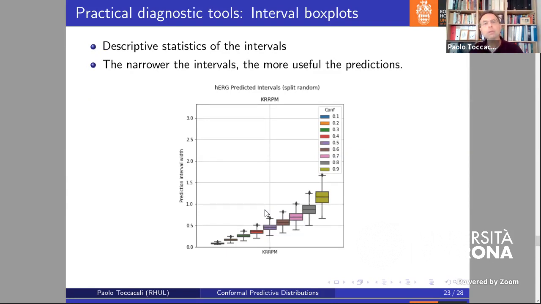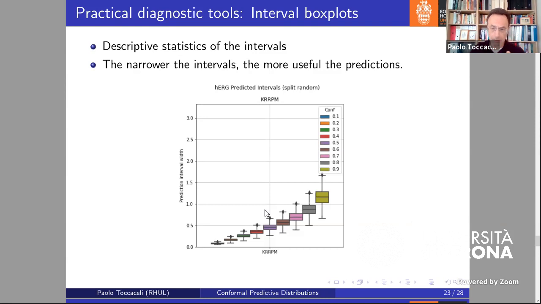Okay, so now the other diagnostic tool that I'd like to talk about is the interval box plots. And here you look at the sharpness of your predictions. You compute the intervals, and you basically compute the descriptive statistics of the intervals.